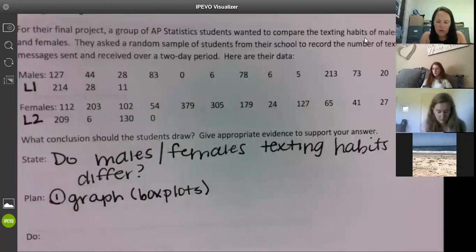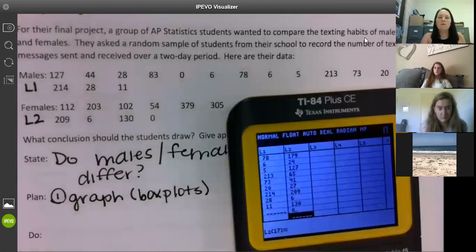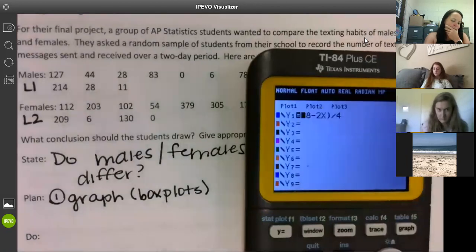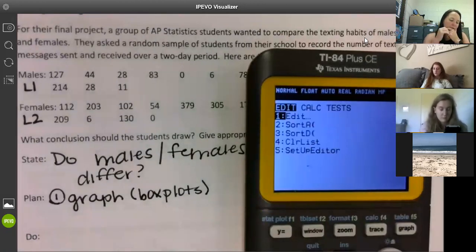And then my female will go in L2. So there should be 16 females and 15 males. I'm just clearing out my Y equals, sorry, just to make sure.